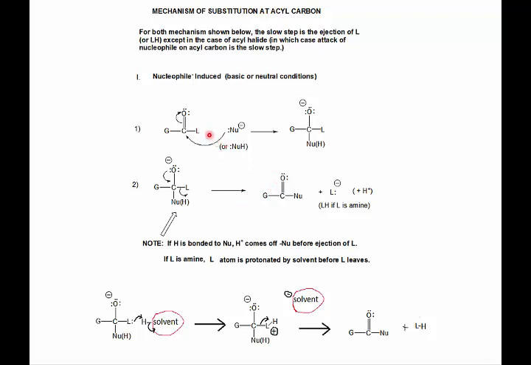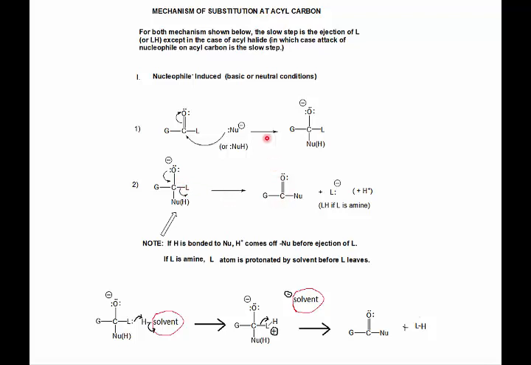If the leaving group is chlorine, the second step is actually fast, and the reason is that chlorine is a really terrific leaving group, and the first step is the rate determining step. So for carboxylic acids and all derivatives, esters, amides, and so forth, this second step, ejection of the leaving group, is going to be the slow step.